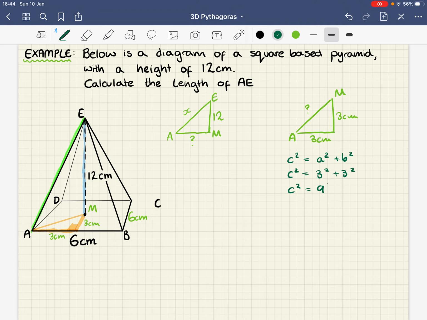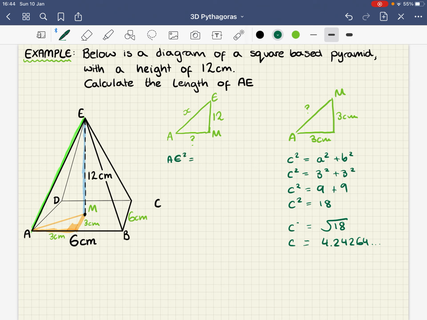So C squared equals 9 plus 9. So C squared equals 18. So again, if I wanted to then find out what C was, square root of 18 comes out as 4.24264 and so forth.